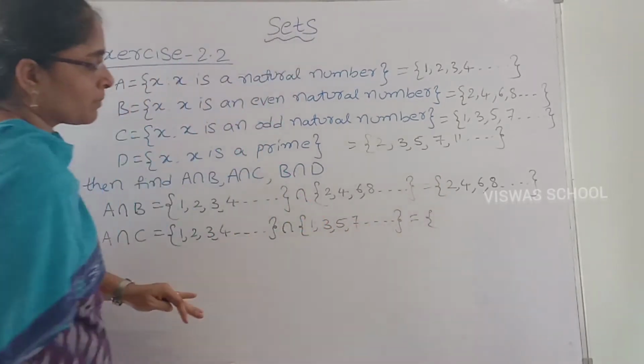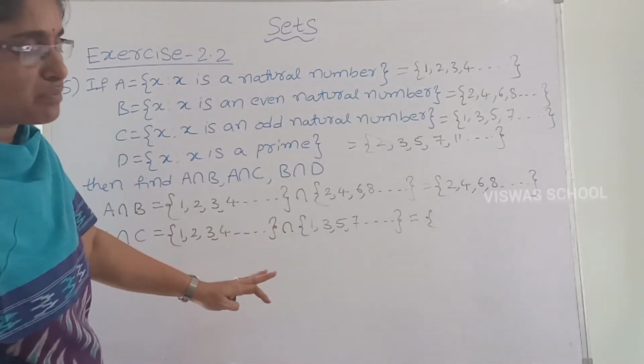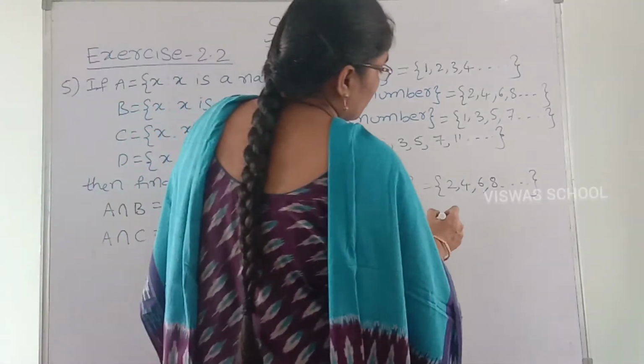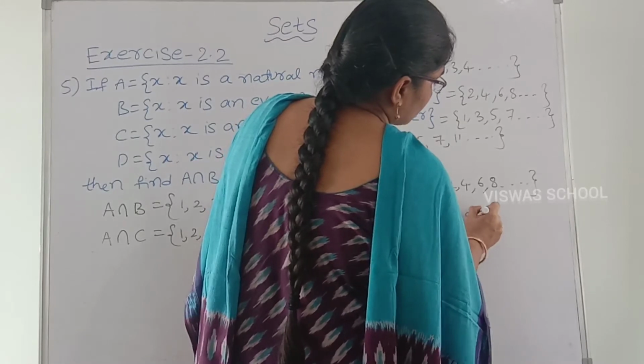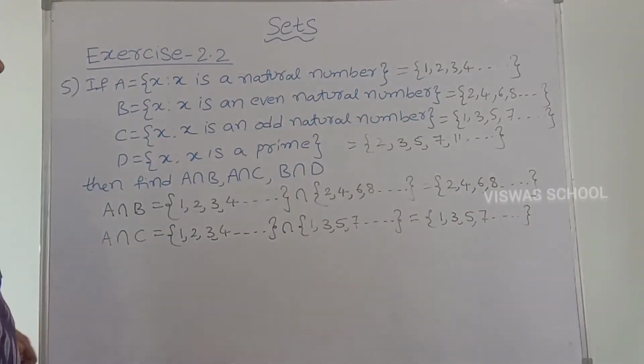Now these are odd numbers and these are natural numbers. Then their intersection means what? Common elements. The common elements are only 1, 3, 5, 7, and so on. This is A intersection C.